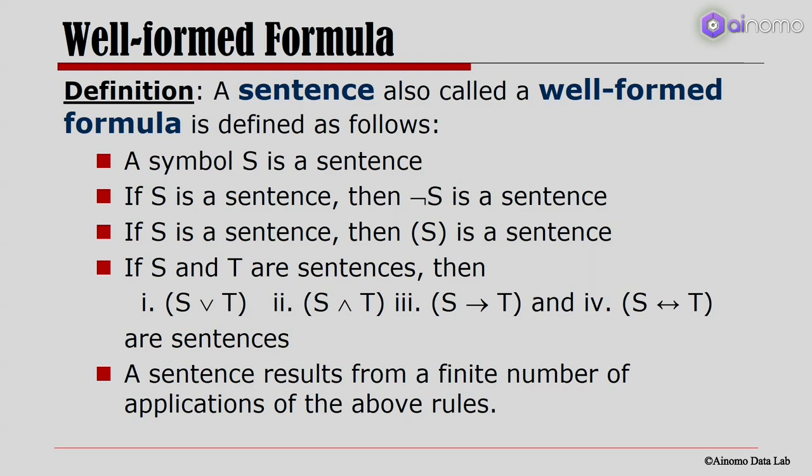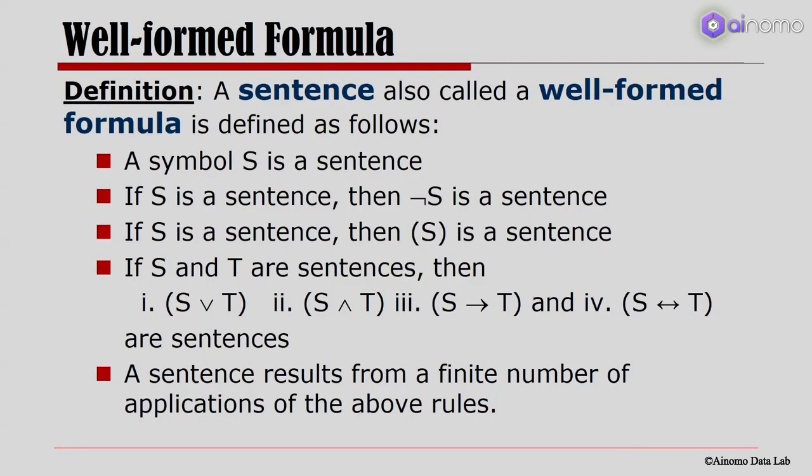Having introduced connectives and variables, let us now look at what it means to have a sentence or a well-formed formula in propositional logic. A sentence, also called a well-formed formula, is defined as follows. A symbol is a sentence. If S is a sentence, then not S is a sentence. We have not discussed parentheses as of yet, but parentheses are used to disambiguate the precedence of the operators in a propositional logic statement.